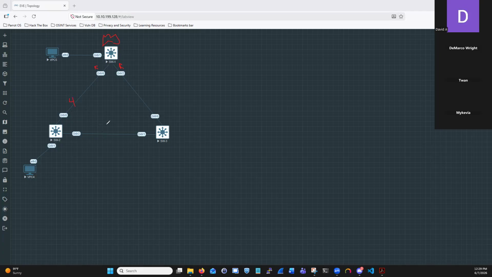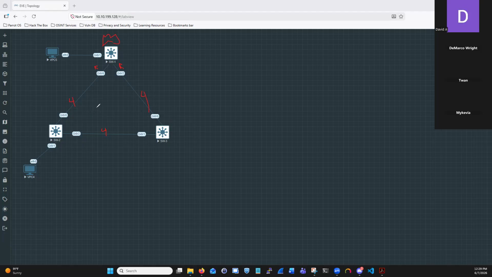To get to switch one via switch three, we have 4 right here and 4 right here, so it's 8. To get to switch one via gigabit 0/0, it's a path cost of 4.